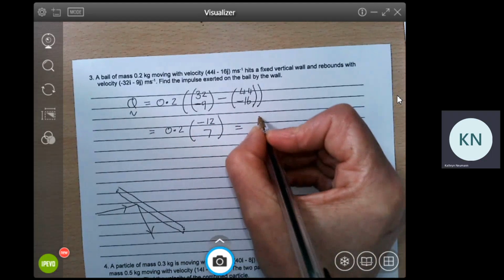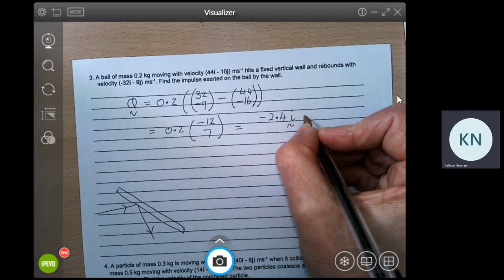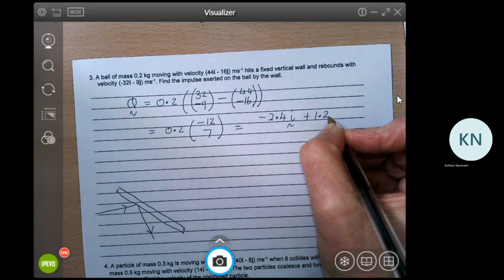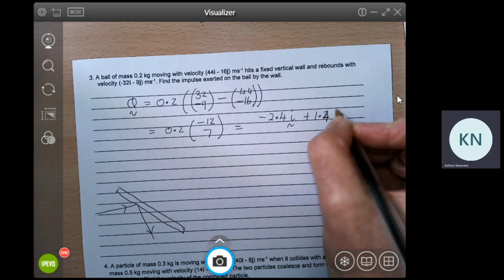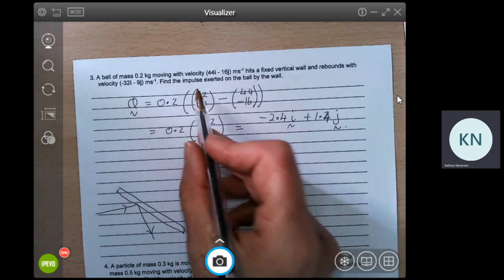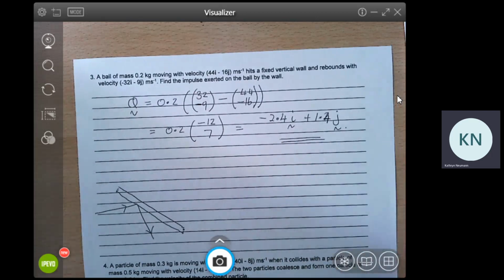So that is -2.4i, I'm going to go straight to i's and j's here, plus 1.4j. And it's asked for the impulse, it doesn't ask for the magnitude, so that is what we are going to give there.